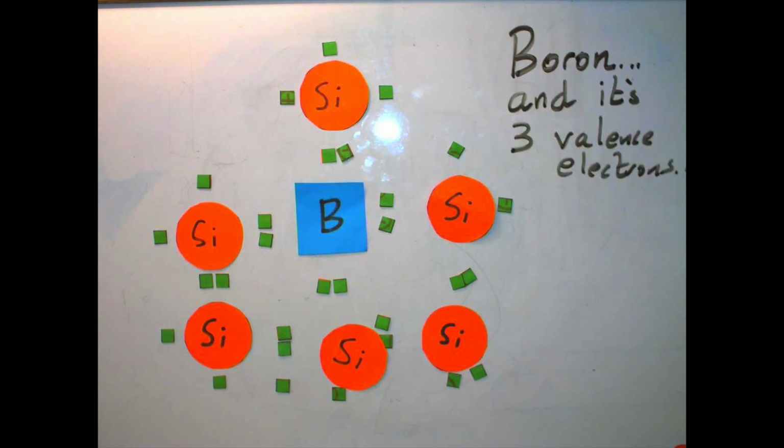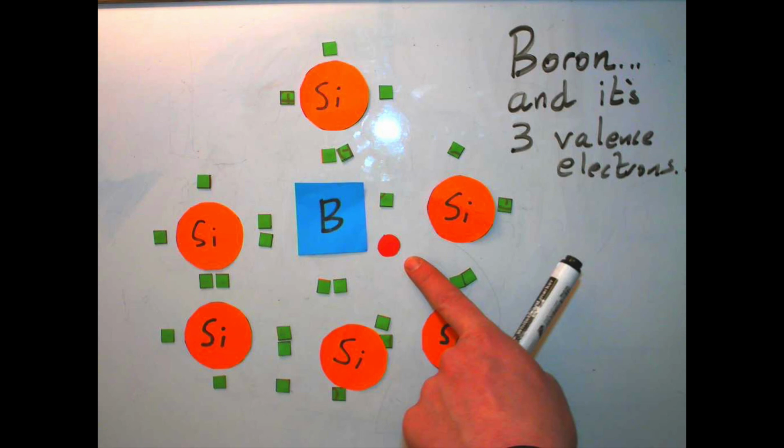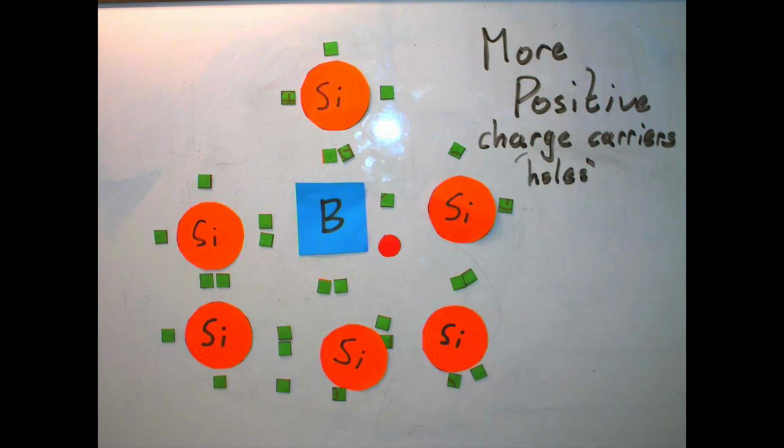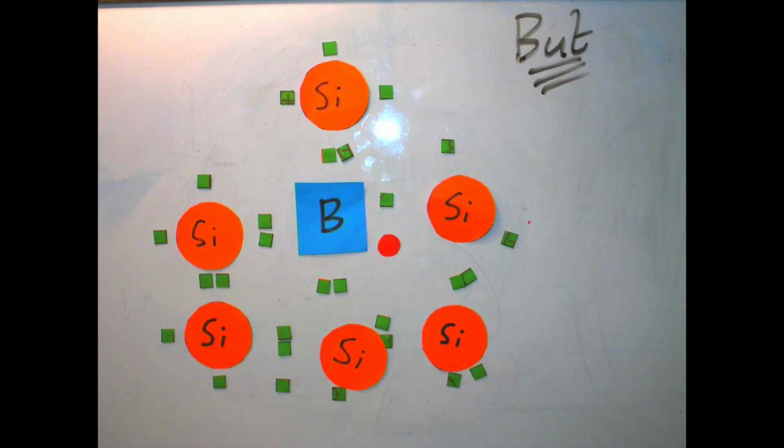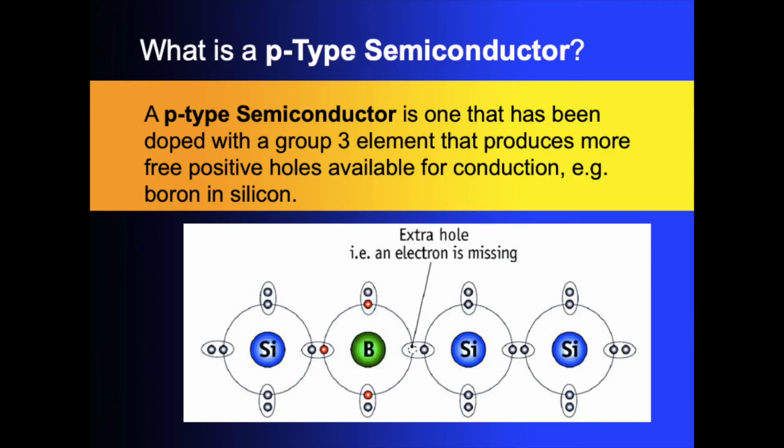Just like before with phosphorus, it's of a similar size to silicon, so it can fit neatly into the matrix, but it has 1 less valence electron, so you've introduced a positive hole. Now again, overall, the whole thing is balanced, same amount of electrons, same amount of protons, but now you've got more positive charge carriers available because you've got more of these holes in the structure, these positive holes.